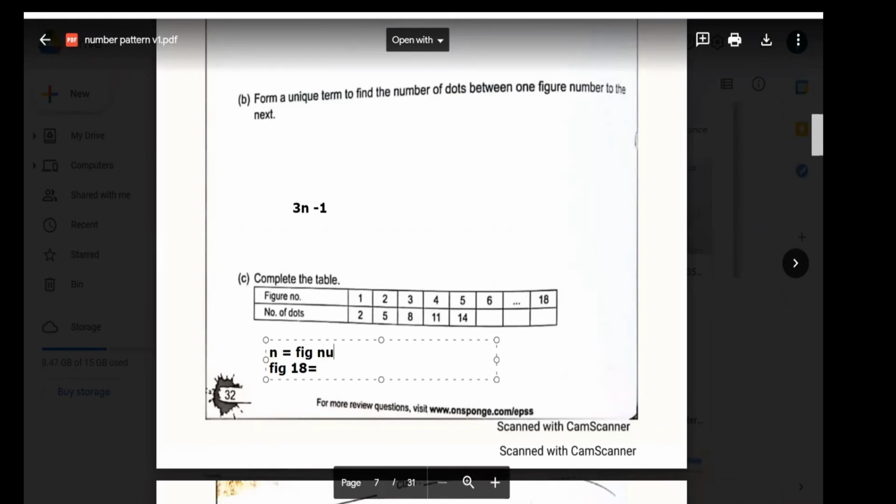If till now you are still confused: the figure number is equal to n, and we already know the n term is 3n minus 1. When we have figure 18, it means 3 times 18 minus 1. How much is that? Can someone help me press the calculator?